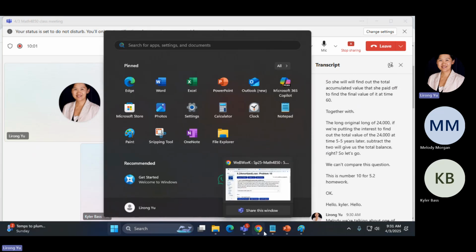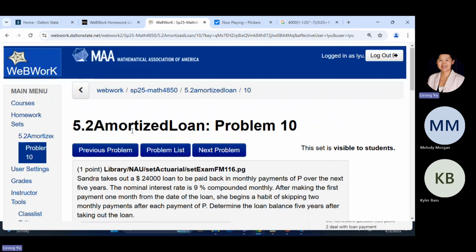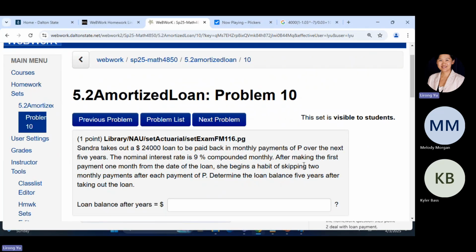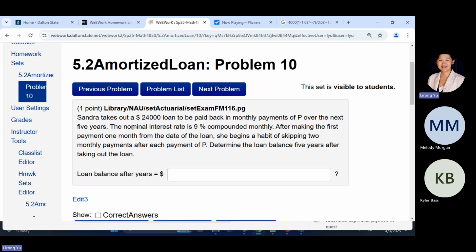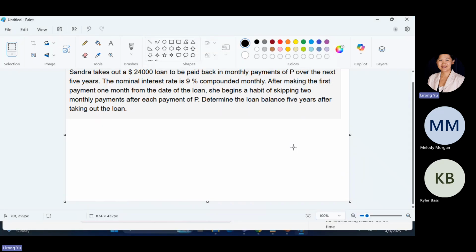5.2 deals with loan payment, amortized loan payment. So the question to talk about is, if we skip payment, how would that affect the outstanding balance when the time is due?